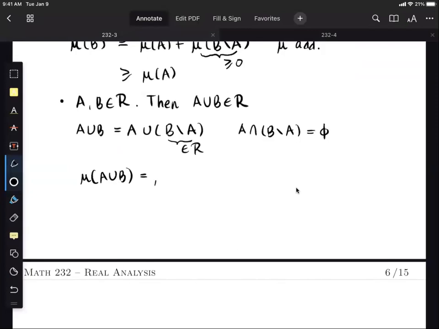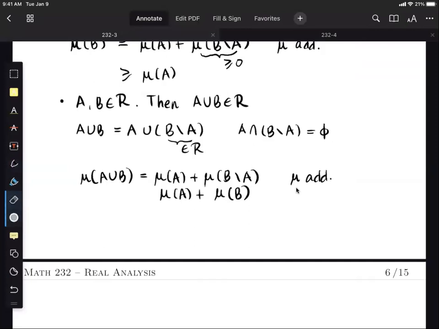So the content of the union is the content of A plus the content of B minus A. Now, we know that the content mu is monotonic, therefore this is less or equal to the content of A plus the content of B, since B minus A is a subset of B, and we know now that mu is monotonic.